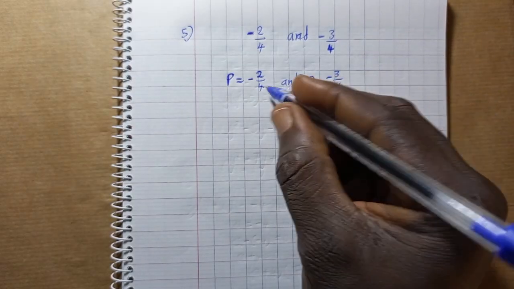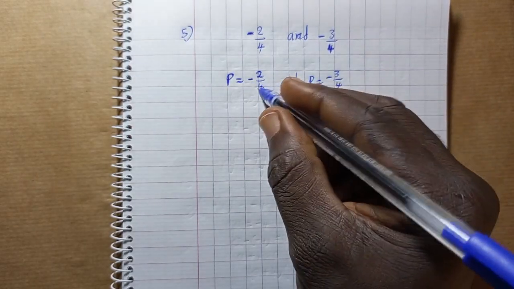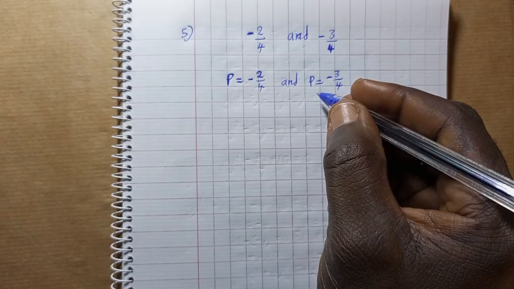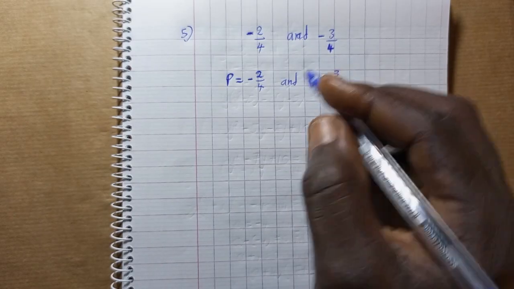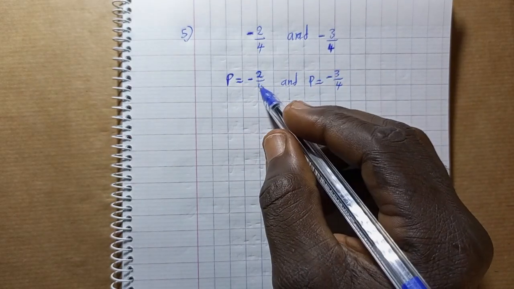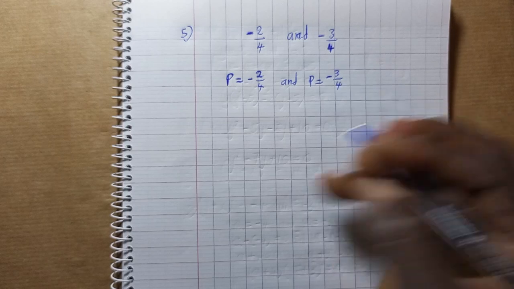Now remember again, these two, they have their fractions. So the first step is multiply both sides by the denominator and this one also.